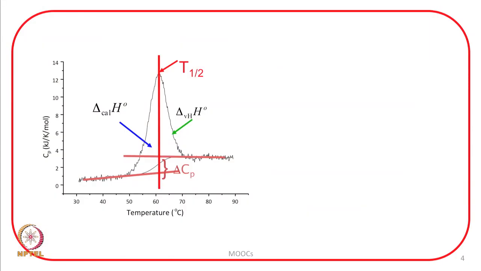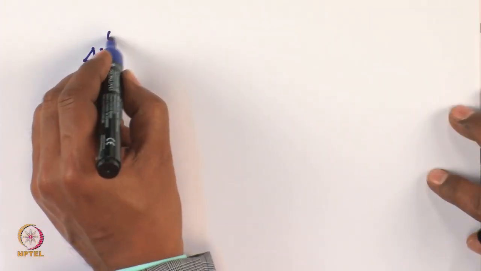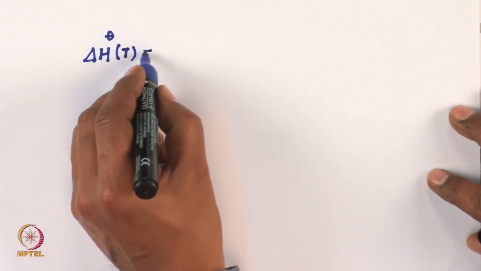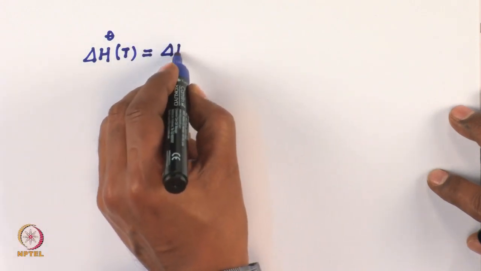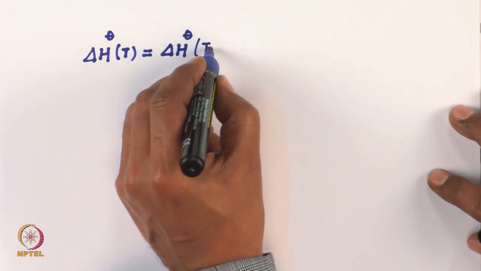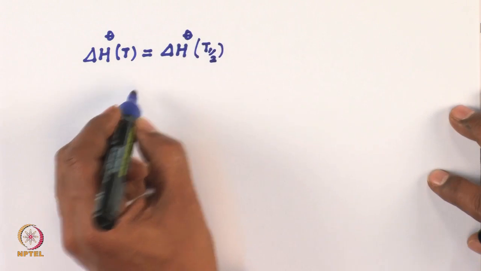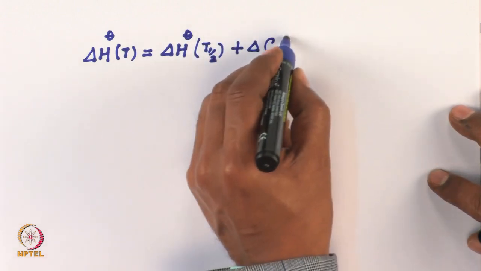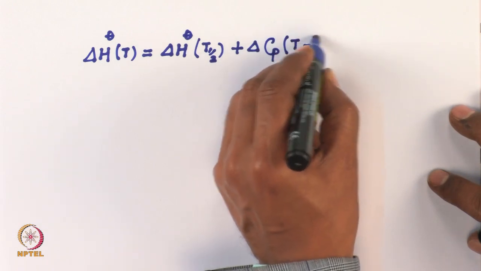With these, now I can write the temperature dependence. Delta H naught at any general temperature will be equal to delta H naught at T half plus delta Cp into T minus T half.